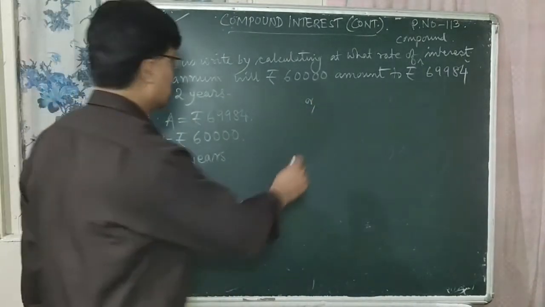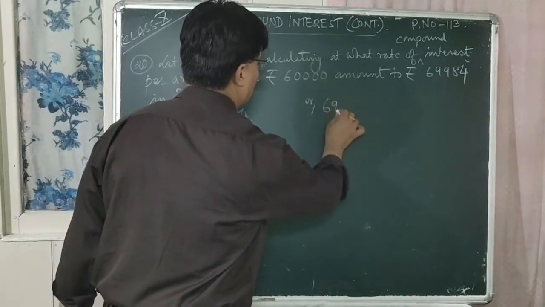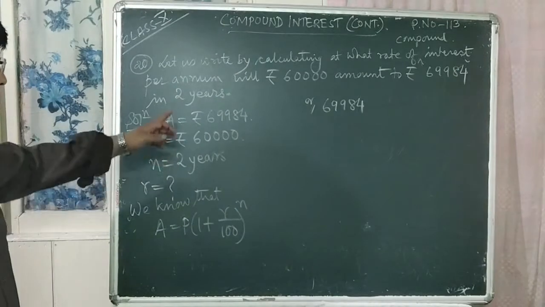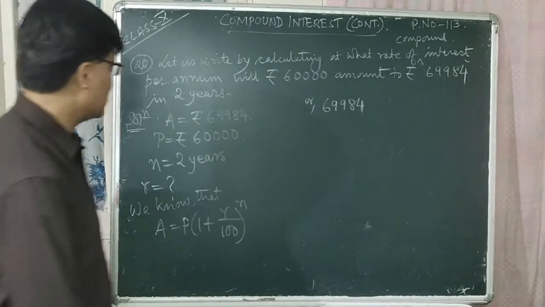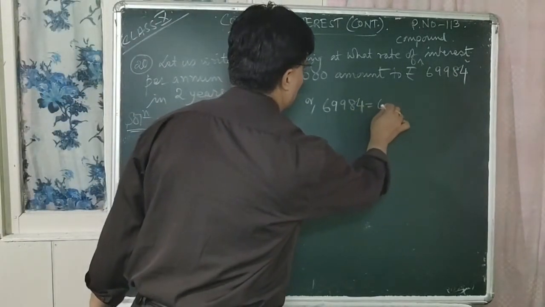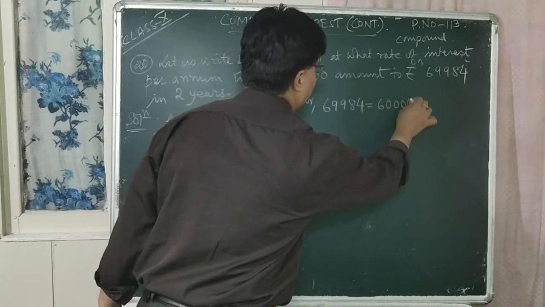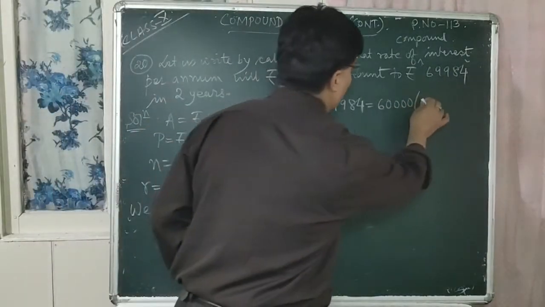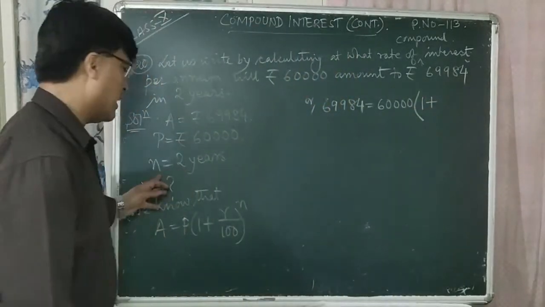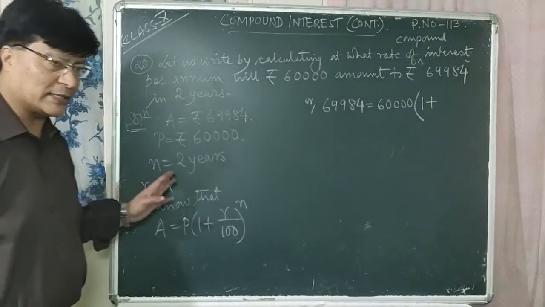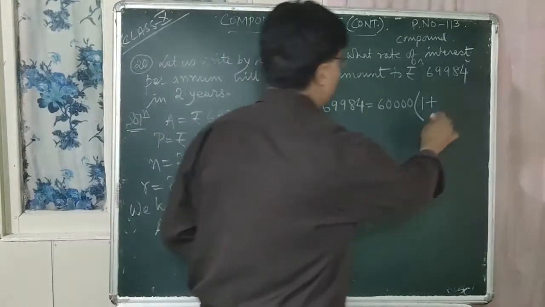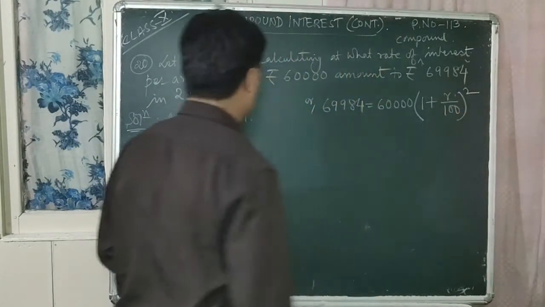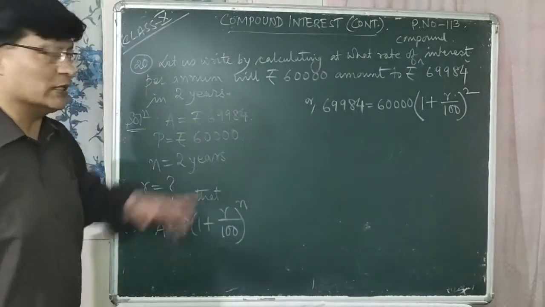It is 69,984, which is equal to the principal 60,000 and within bracket 1 plus R by 100, whole to the power 2, that is N is 2 years.